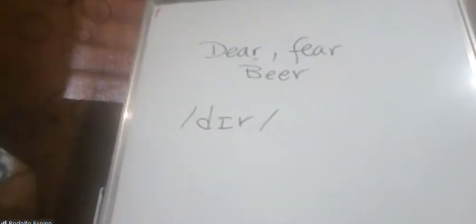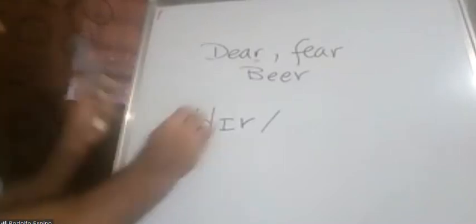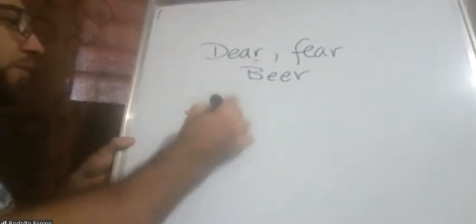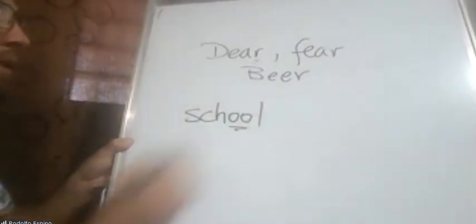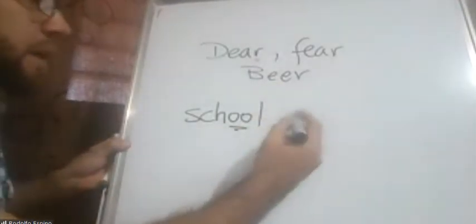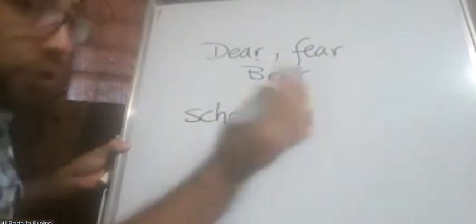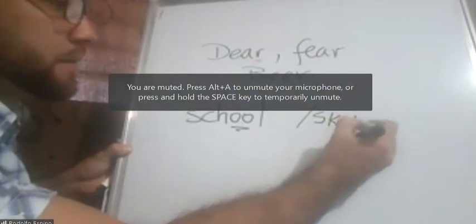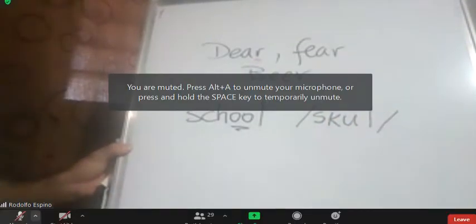Example, let's take now the 2 U sounds, and you'll see the same thing happens. You will see, for example, the word school. There is a combination of letters. Usually, the combination of letters is tense, usually, not all the time, but usually. So you will transcribe it like this. Okay, school.